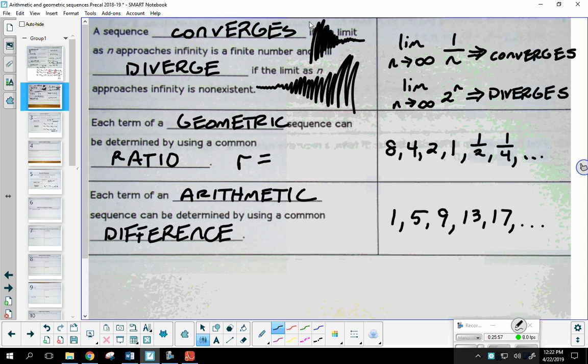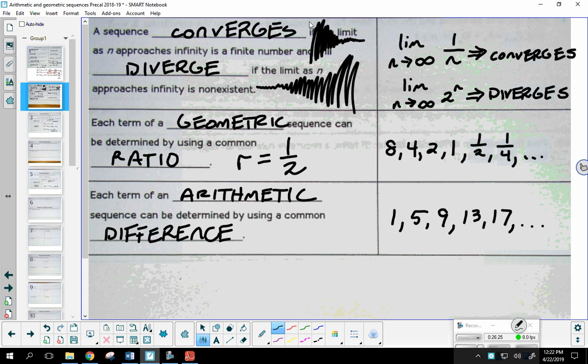In fact, if you take a look here, it says 8, 4, 2, 1. So what am I multiplying each term by to get the next one? 1/2. 8 times a half is 4, 4 times a half is 2, and you'll notice it just keeps going, right? So here, the common ratio that generates that sequence would be 1/2.